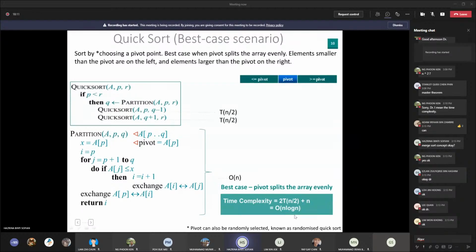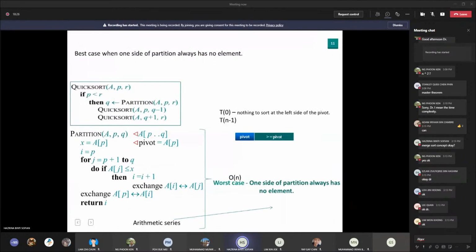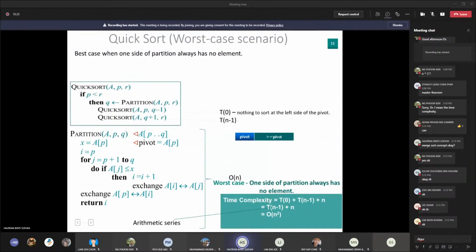And then when we calculate like our previous calculation, we will get order of n log n. Don't worry about the algorithm yet. I'd just like to explain about the worst case scenario.